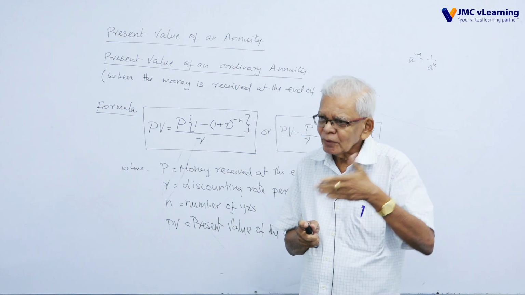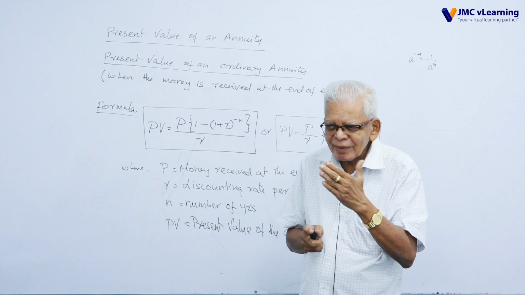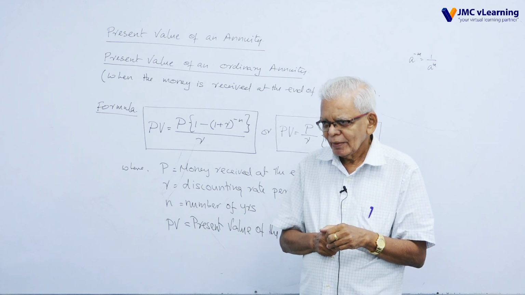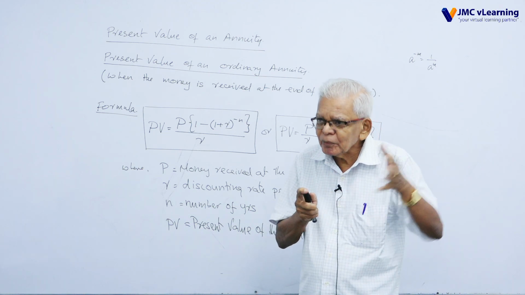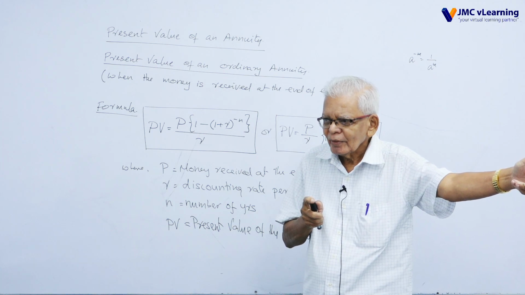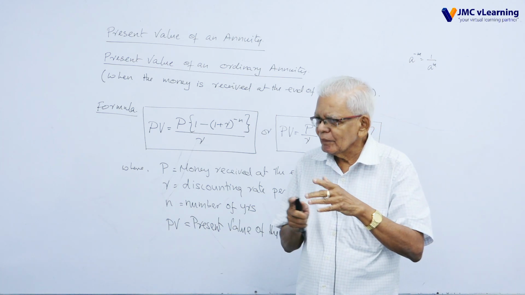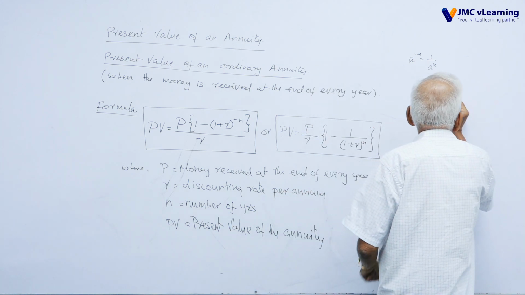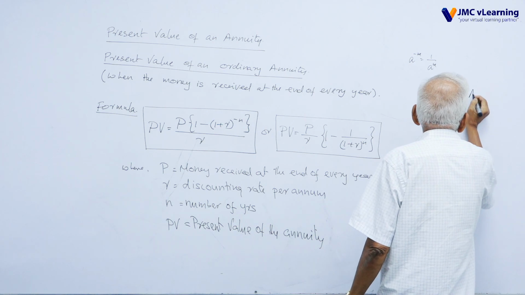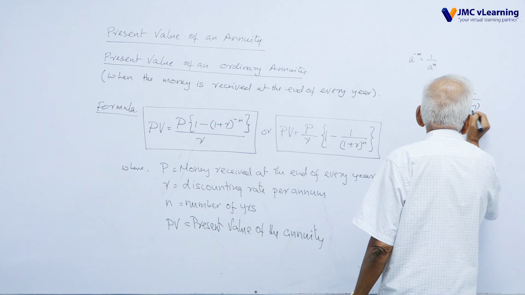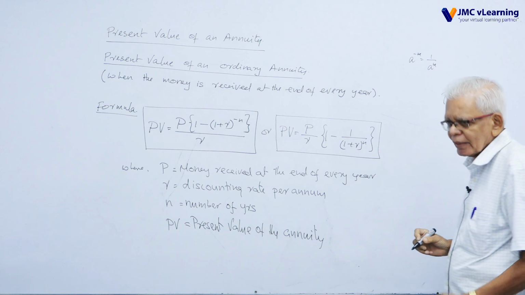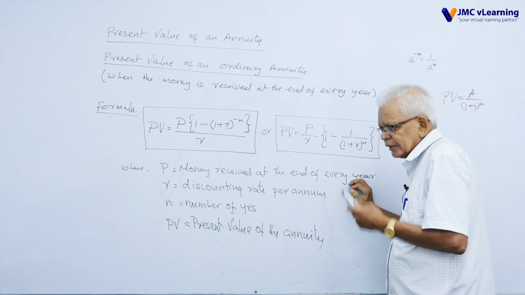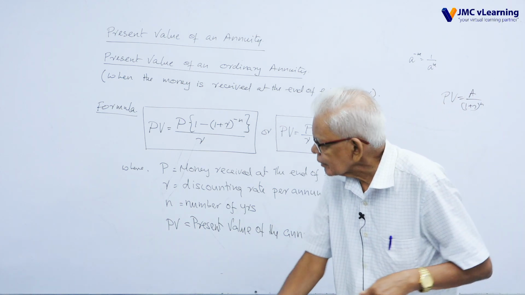You can't pay the 10,000 today, no? We have to discount it and give an equivalent amount. So the present value formula is A over (1 plus R) to the power n. Last time we did that one, project evaluation, those things, right?